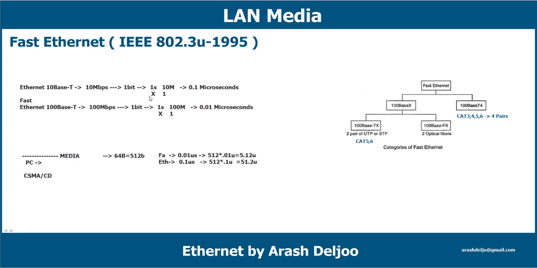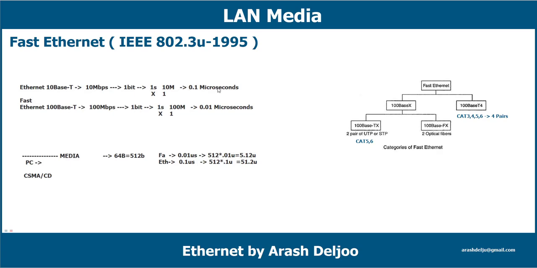Let me explain it. When you say I'm using 10 megabit per second, it means that we can send 10 megabit in 1 second. Because of that, we understand that for 1 bit we need only 0.1 microsecond.